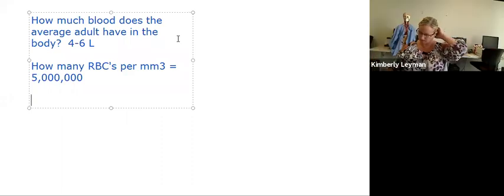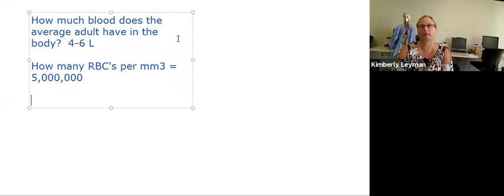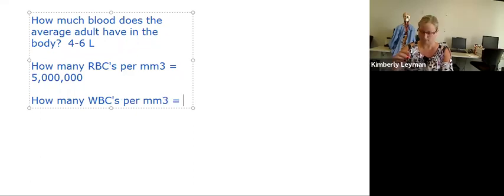And how many white blood cells? 5 to 10,000. Depending on what book you look at, I learned it as 5 to 10. Your book does say 5 to 10 as well.